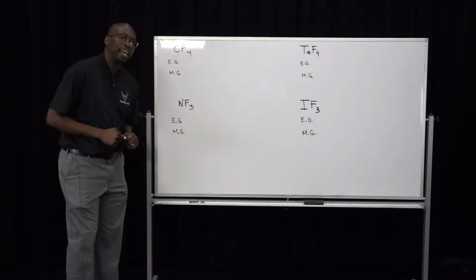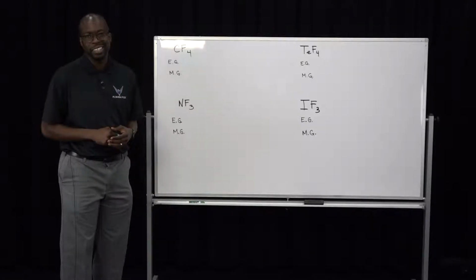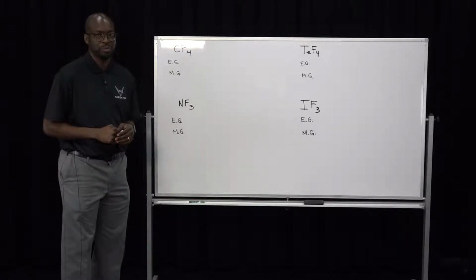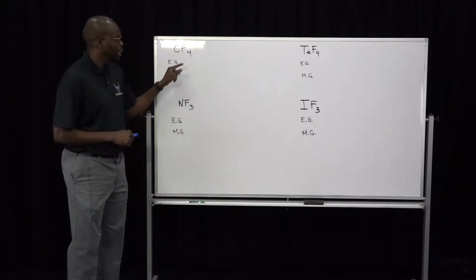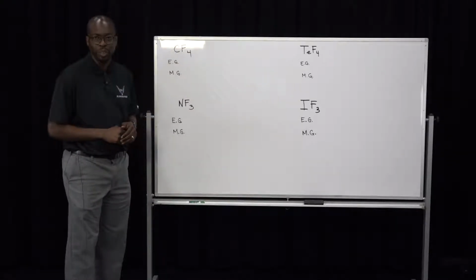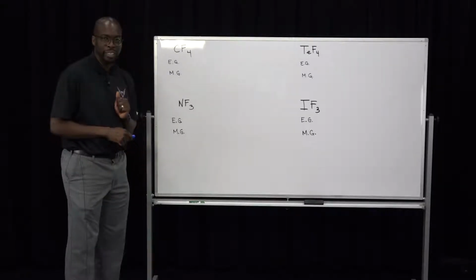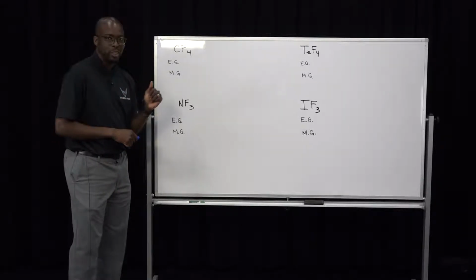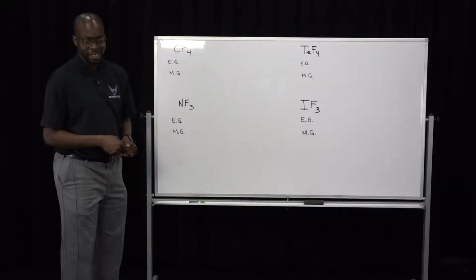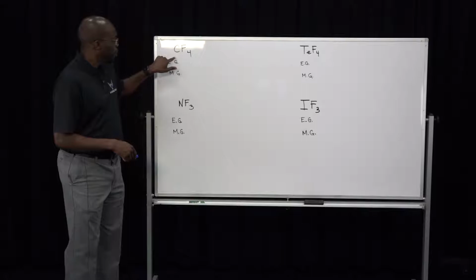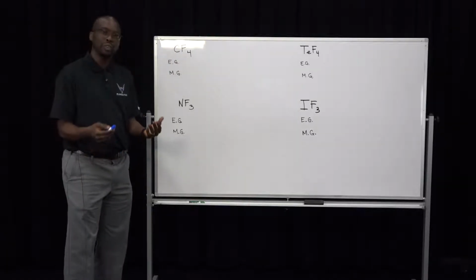Group 4A atoms typically have 4 valence electrons. As you can see from the chemical formula here, we have 4 bonds going to fluorine. So 4 valence electrons plus 4 bonds gives you the octet that you so desire. So you have 8 valence electrons now around the central atom.